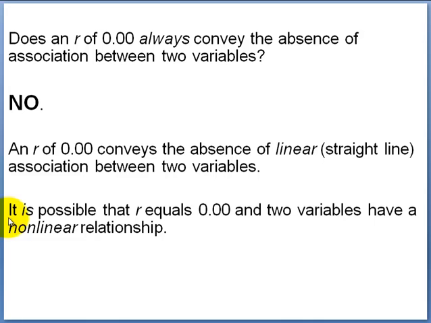So indeed it is possible to have an R that equals 0 or is extremely close to 0, and the two variables are indeed associated.